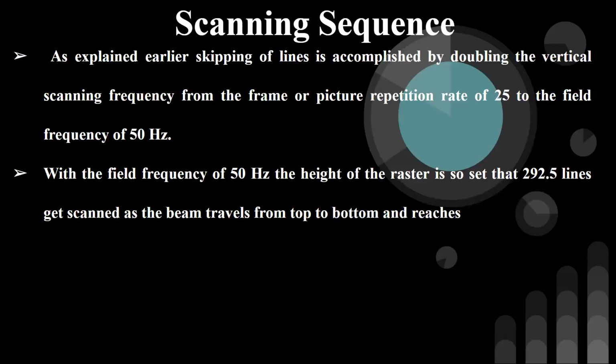So as explained earlier, skipping lines is accomplished by doubling the vertical frequency from the frame or picture repetition rate of 25 to the field frequency of about 50 Hz.